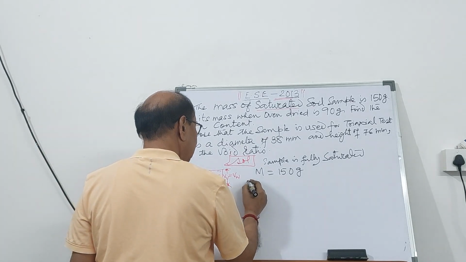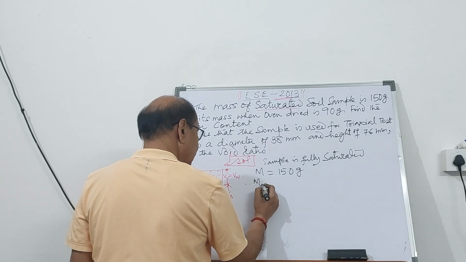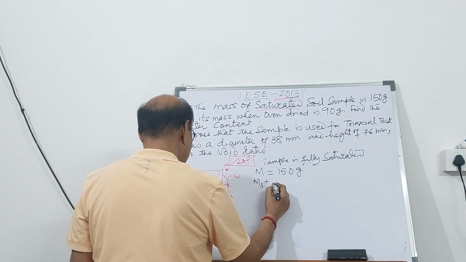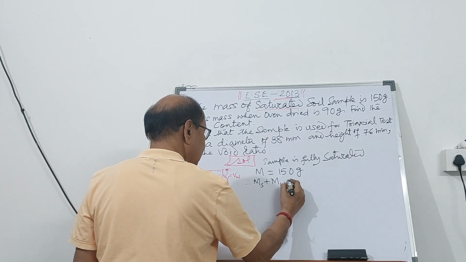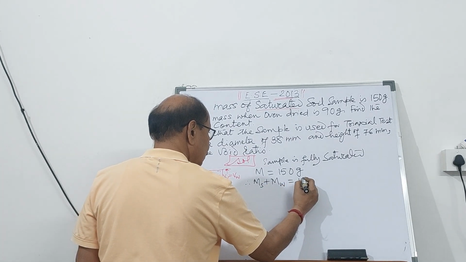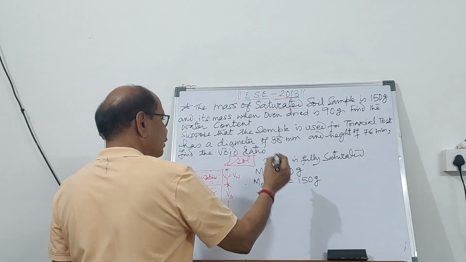Therefore, we can say the mass of soil solids plus the mass of water equal to 150 gram.